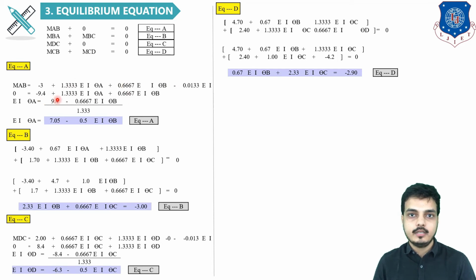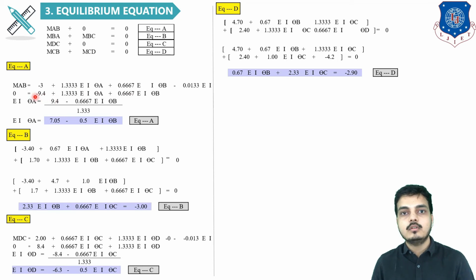So I will be getting minus 9.4. I will be taking this to the opposite side of the equals sign. So this minus 9.4 will become plus 9.4. This 0.667 EA theta B will be minus 0.667 EA theta B and this 1.3 will be coming in the divide, and this will be my EI theta A.